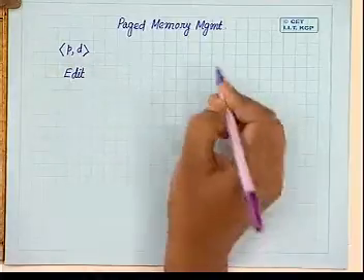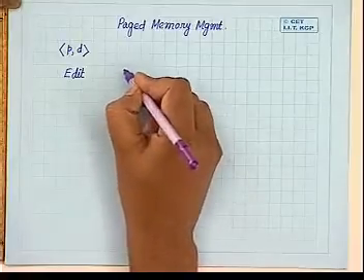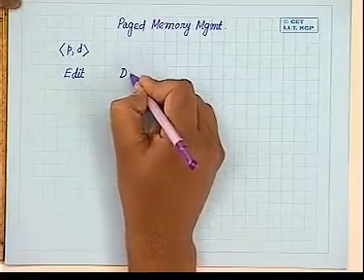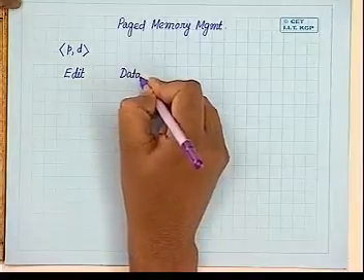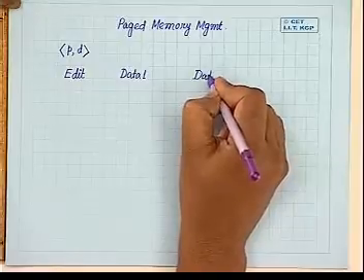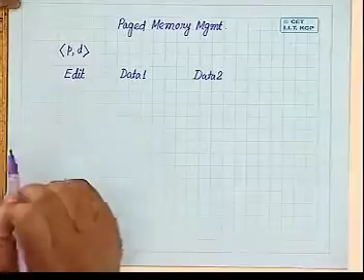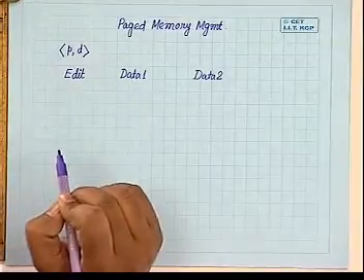And for 2 users, there may be 2 data files which are to be edited. So for user 1, there will be data 1. For user 2, there will be data 2. Whereas the edit code is the same, the program edit is the same.